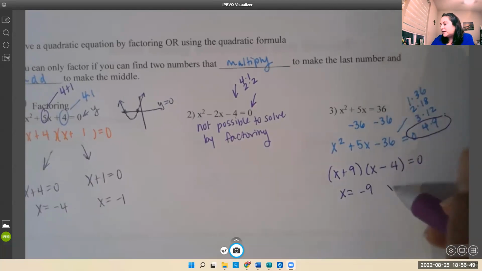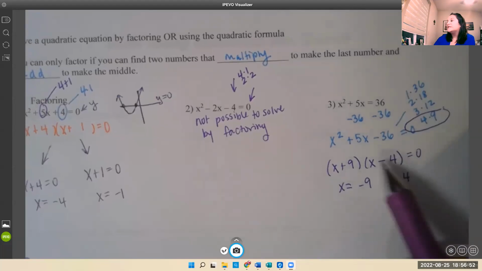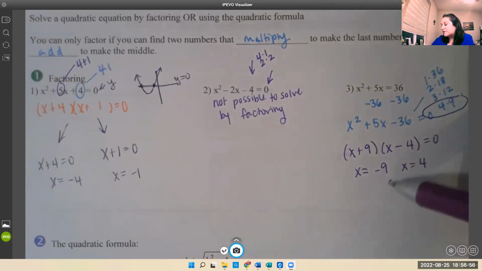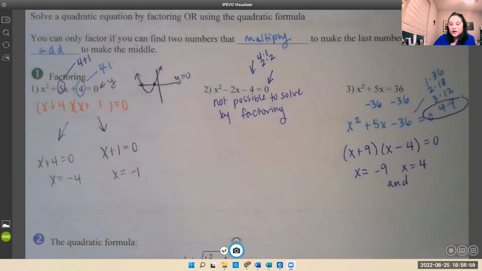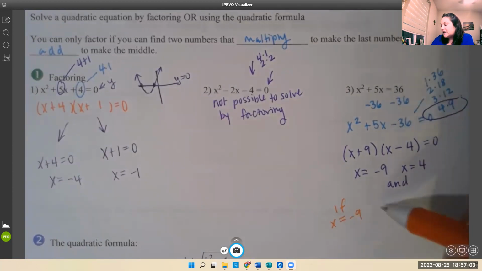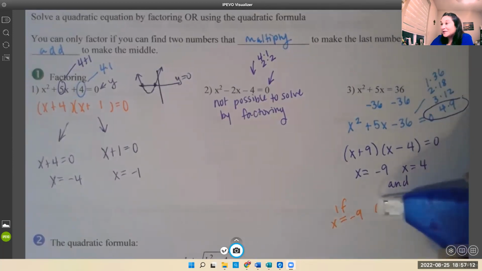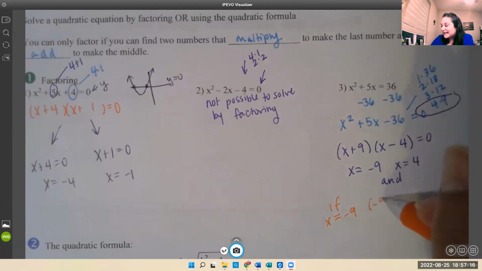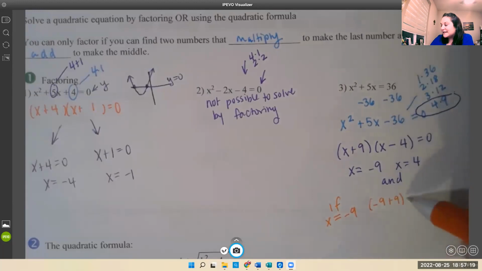The x's that would solve this equation are x equals negative 9 and also x equals 4. If x were equal to negative 9, in the first parentheses I would get negative 9 plus 9, and in the second parentheses I would get negative 9 subtract 4.